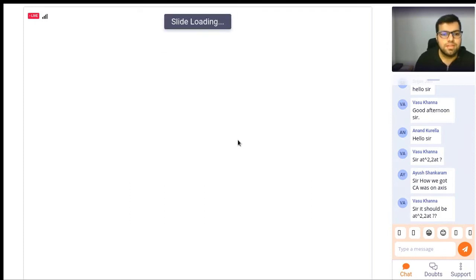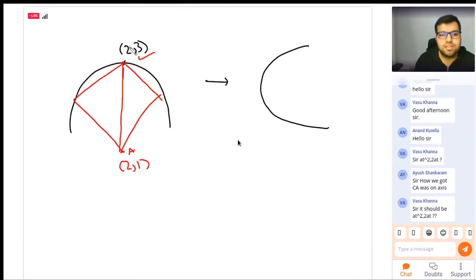ABCD. So this is A, this is C. C is of course the vertex. This is B, this is D. Since BC and CD are same, B and D are equidistant from C. This means B and D are symmetrically placed around C. So this will mean that if this is 90 degree, this will be 45 degree, this will be 45 degree. And then A is 2 comma 1.